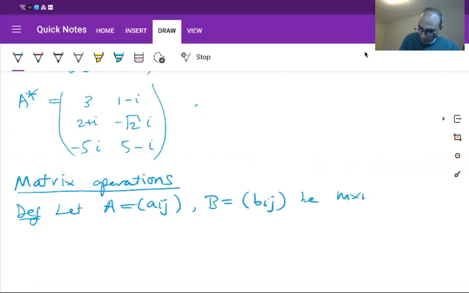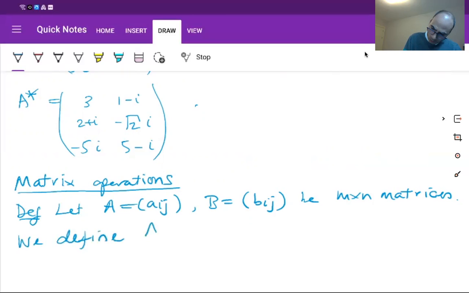So we define the sum A plus B just by summing the individual entries. So the ij entry of A plus B is given in this way.